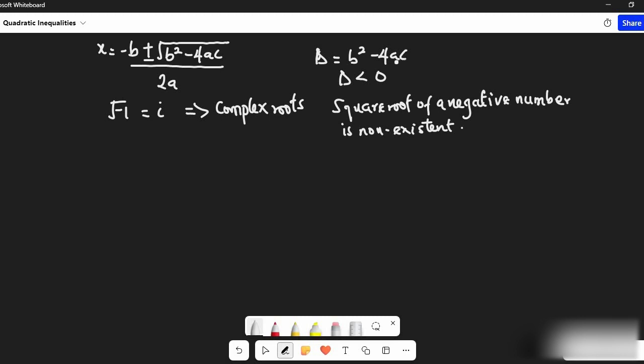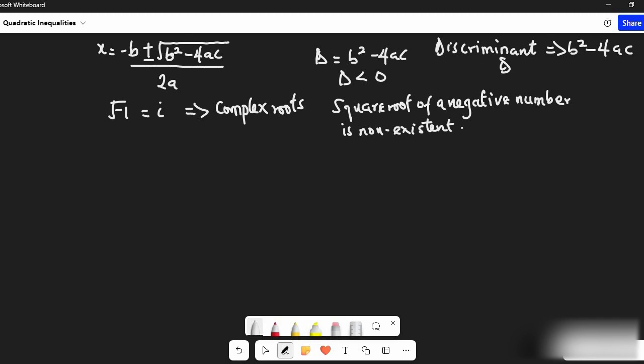Alright, so in the course of the video, we'll learn why D is called the discriminant. Discriminant, spelled like this. We'll learn why b squared minus 4ac is called the discriminant D.